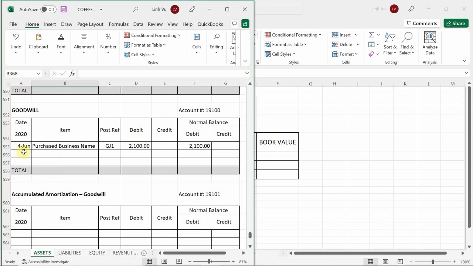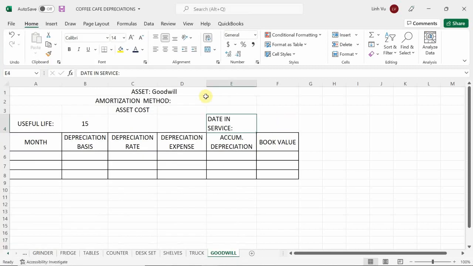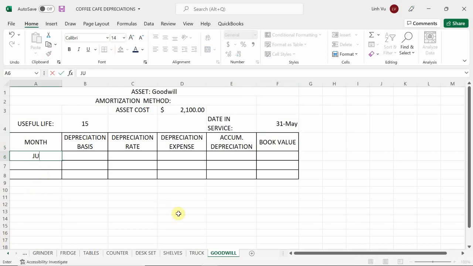It says right here, we purchased the business name. So again, May 31st, or if you want to recognize it as June 4th, at the end of the day you're still going to amortize it for the month of June, and the total cost of it was $2,100. You bought it on the 31st of May, so you are going to amortize it for the month of June.